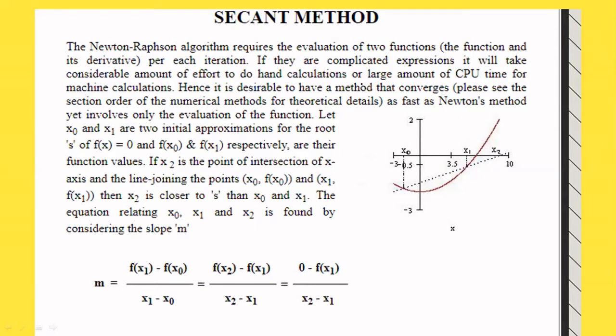So we want a method which converges like Newton-Raphson but needs fewer calculations. The best one is the secant method. It converges as fast as the Newton-Raphson method and involves only the evaluation of the function. So let us discuss that method.